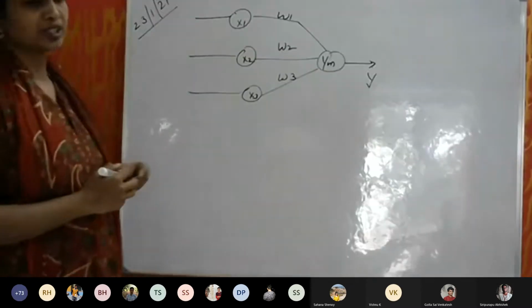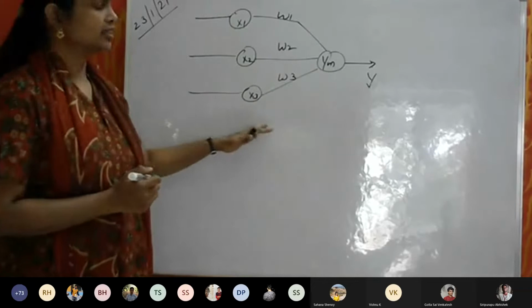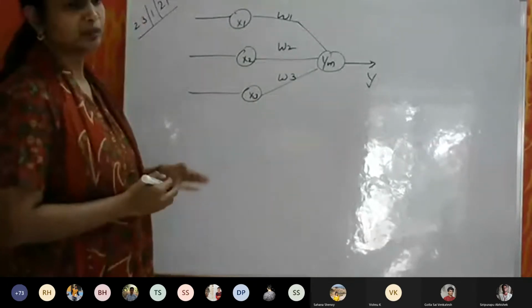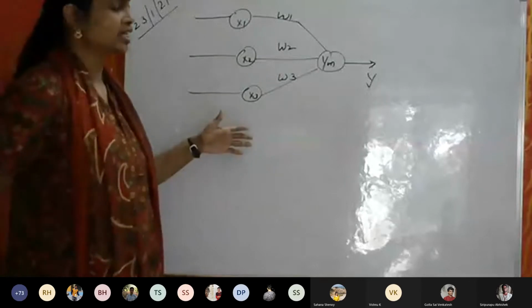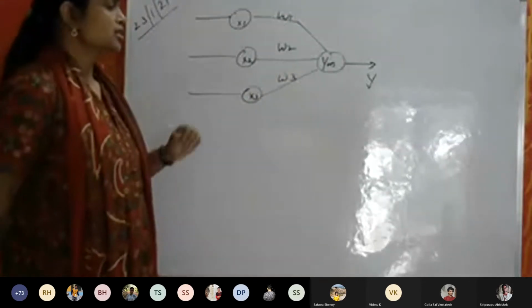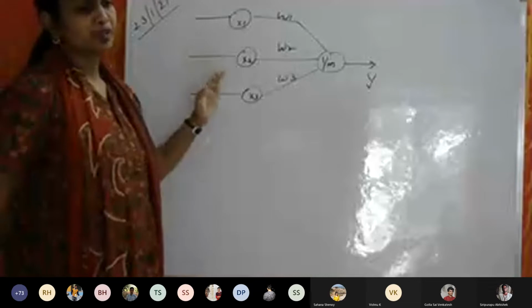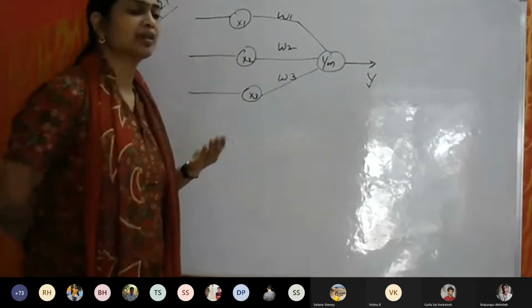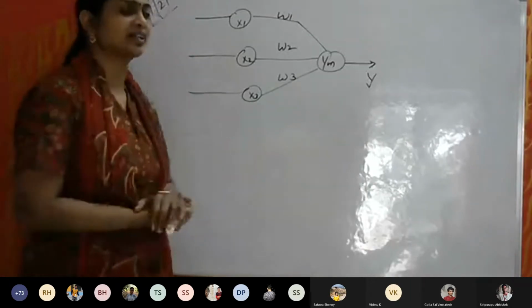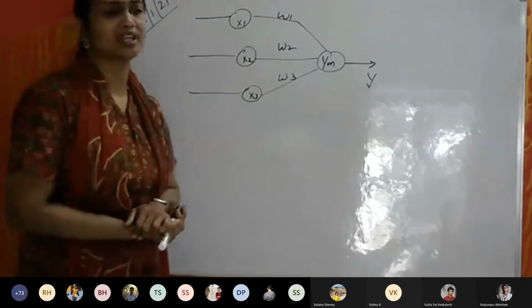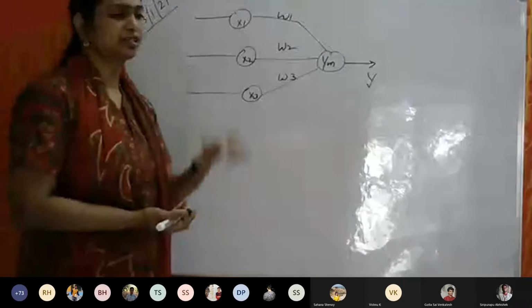So I think this was discussed in the earlier lecture. For a neural network, you will be having an input layer and then some hidden layers and then an output layer. Whenever a neuron accepts input, the input is multiplied by some weight factor. The purpose of the weight factor is how much importance we are giving to that particular input.